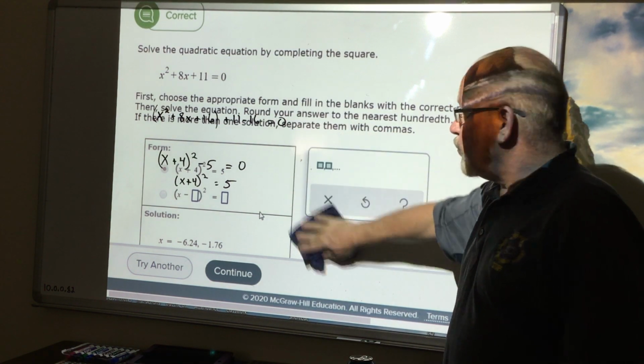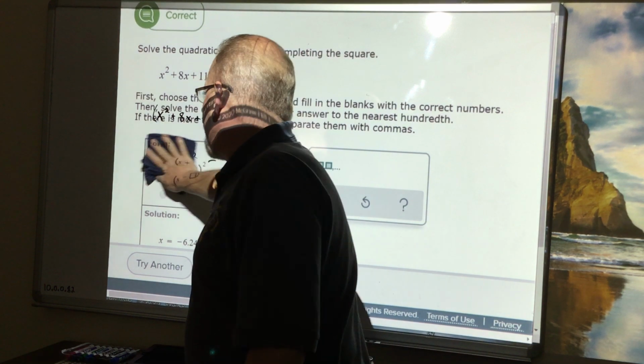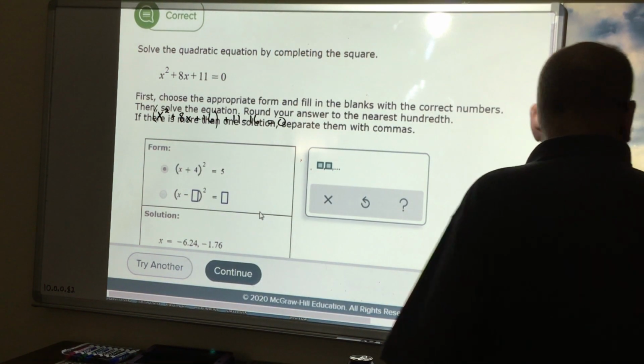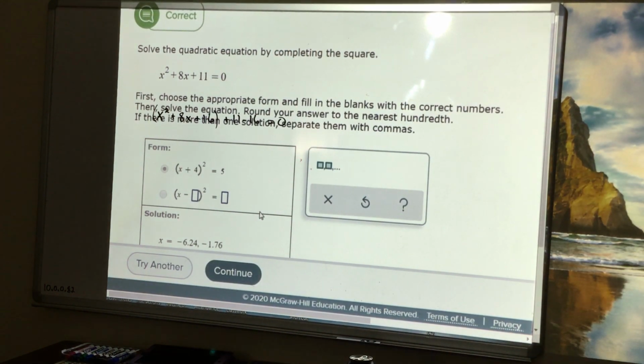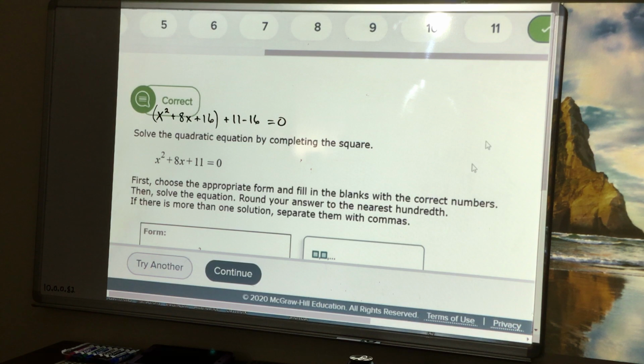Okay, now there's one more type of problem. It's the same problem as this, except it says leave the exact answer. Okay, so let me do this. Continue.